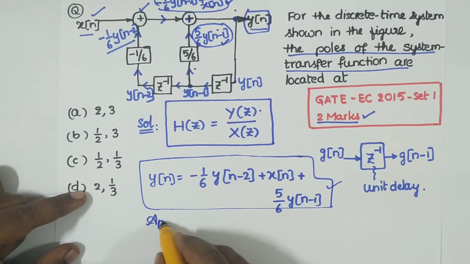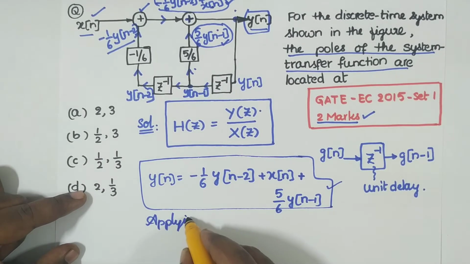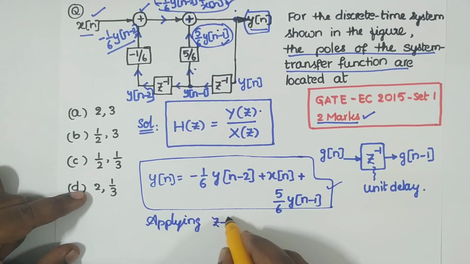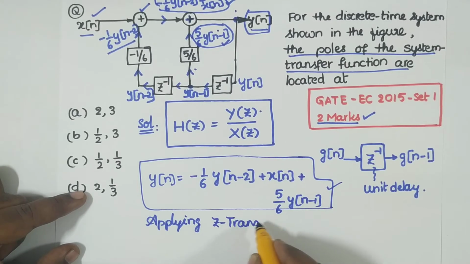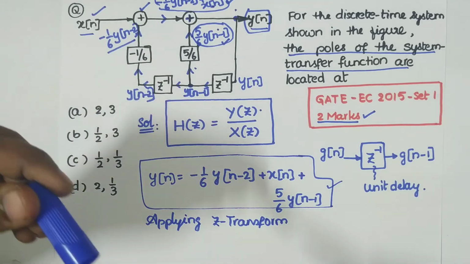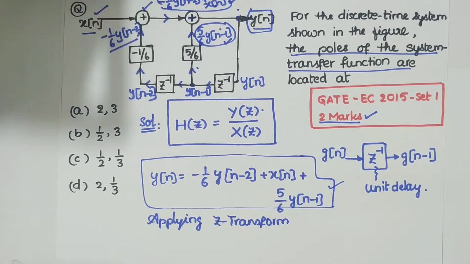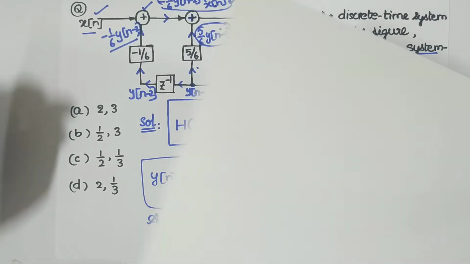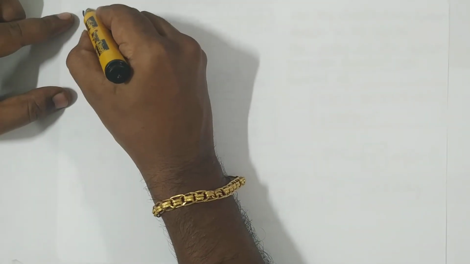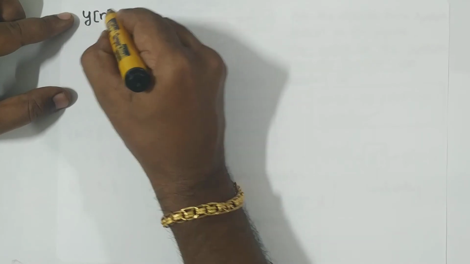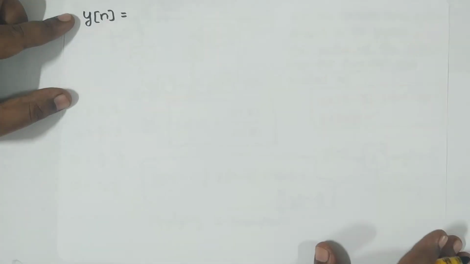Applying the Z transform, how do we apply it? Directly we can apply it, so we have the flexibility. Let me take one more page and revisit my linear constant coefficient difference equation.